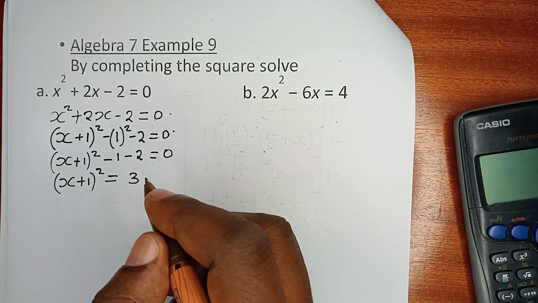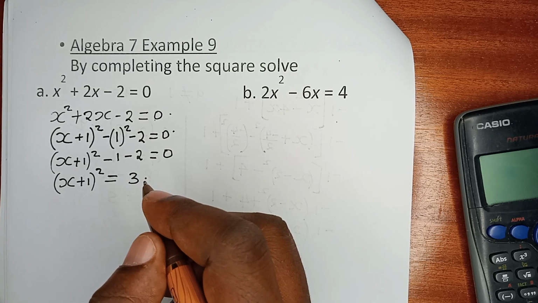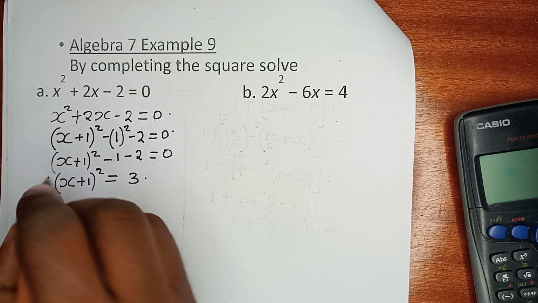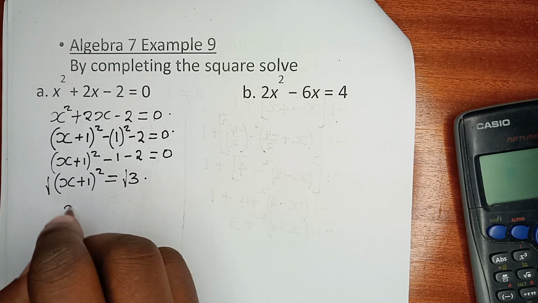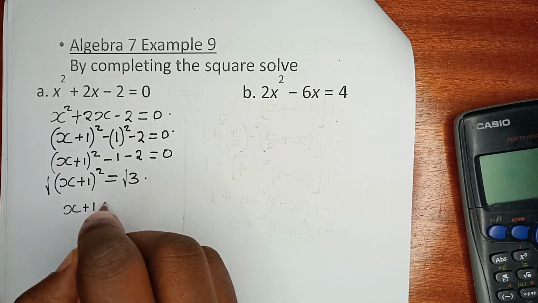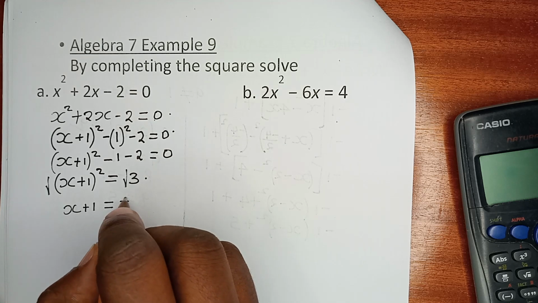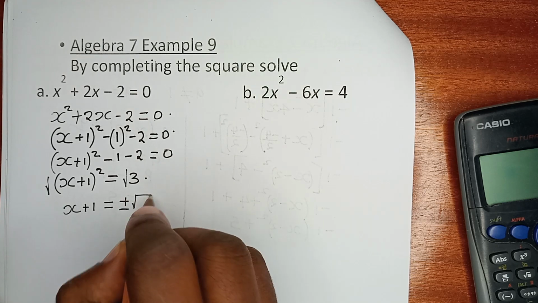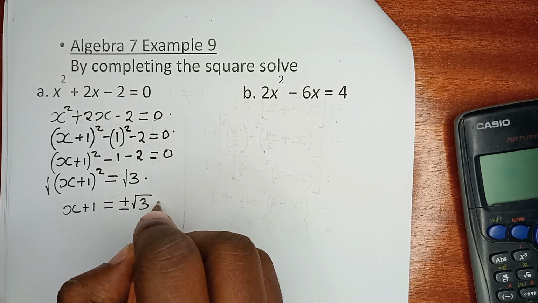Because we want to solve, and solving means we must give the value of x, we take the square root on both sides: x plus 1 equals plus or minus the square root of 3.